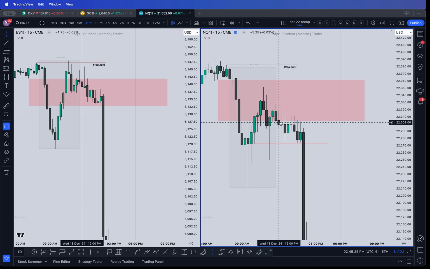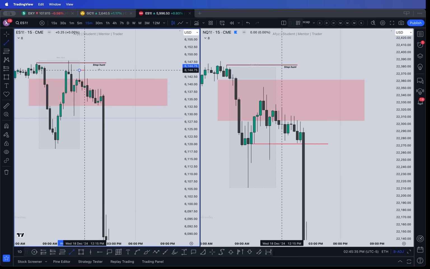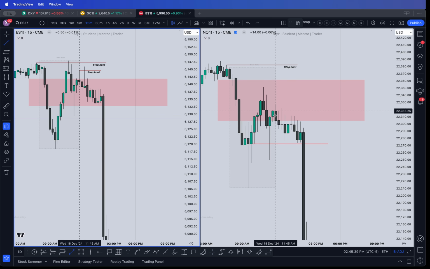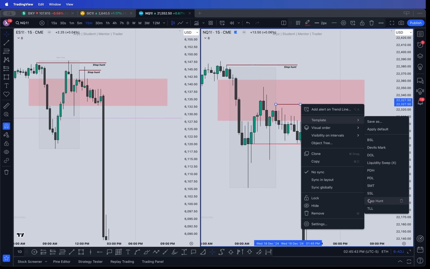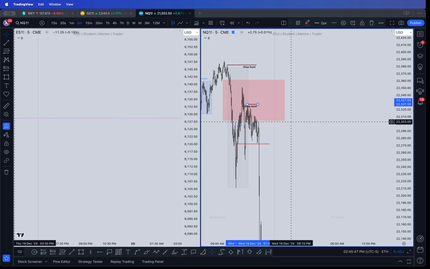Let's see if there's another SMT formed. We also have another one right here, actually. So again, inside of that key level, right before FOMC, we have another stop hunt. We take out this swing point. Okay, so maybe now I can actually get some better lower time frame realignment.